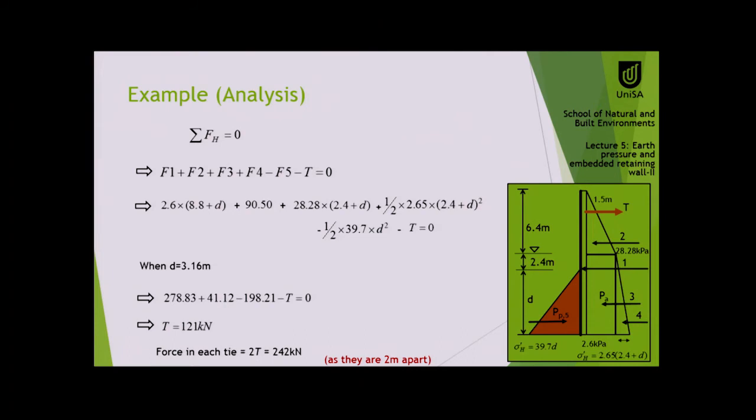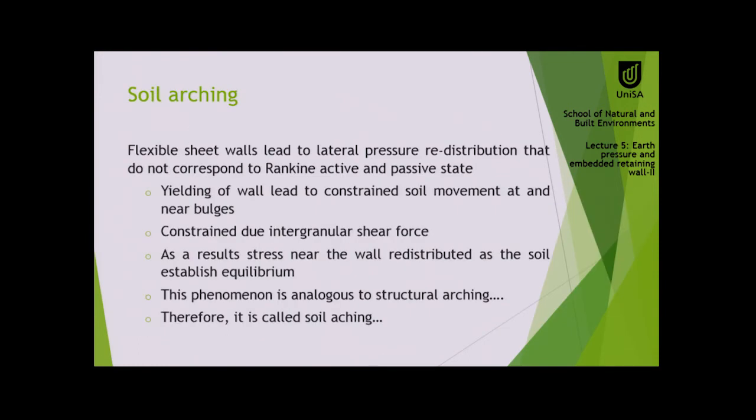So that means that force would be double in one tie. So that's why I multiply 2 times T, and that is the force. The tie force, I should write it over here, T by 2, it will come to that number, but for simplicity I put T and then multiply with 2.